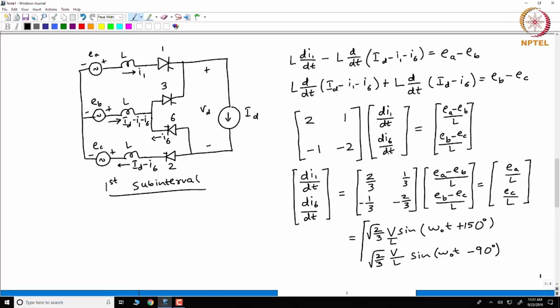So this is the equation. This is the right hand side of the equation. The left hand side is of course di1 by dt, di6 by dt.